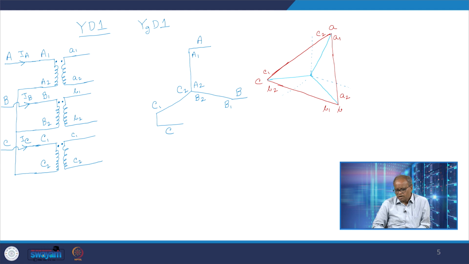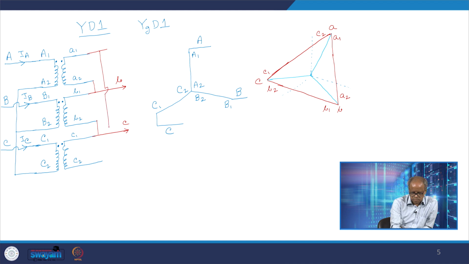Therefore A2, B1 is phase B, then B2, C1 is phase C, and C2, A1 is phase A.